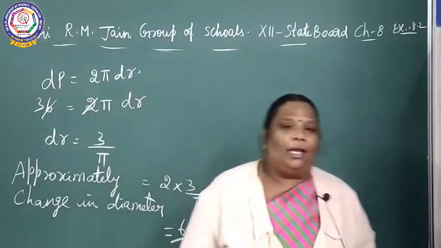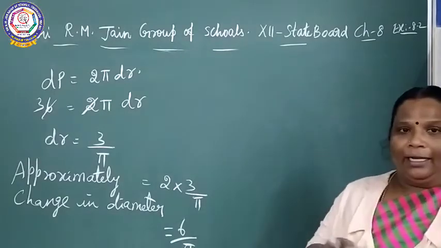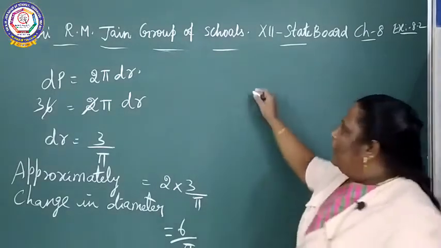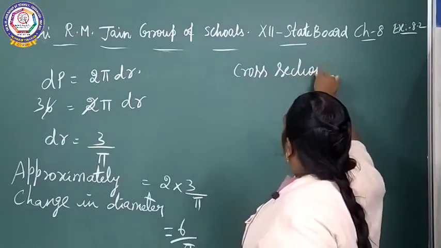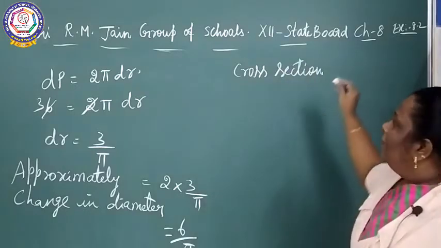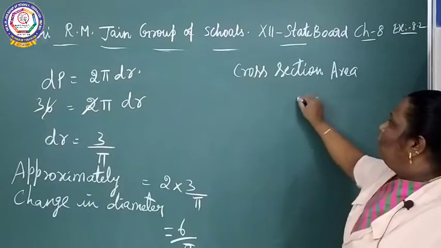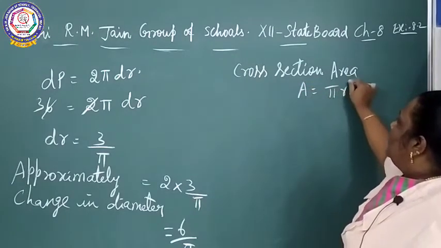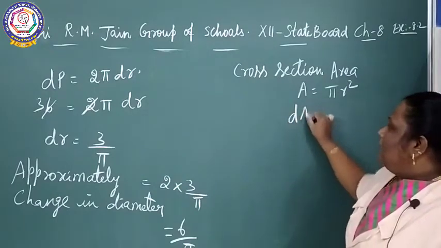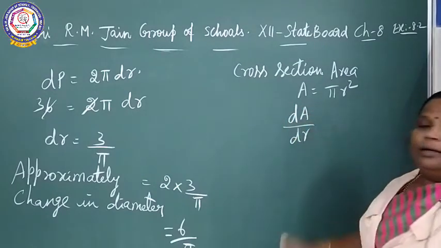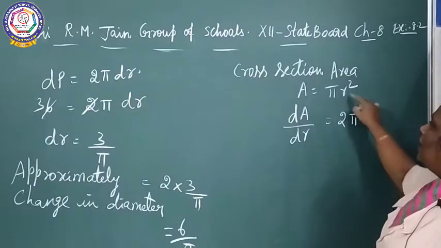Cross section area. What is that cross section area? It's nothing but the area of the trunk. That is a tree. Okay. So cross section area A equal to pi r square. dA by dr with respect to r, what is the value you are getting? 2 pi r.